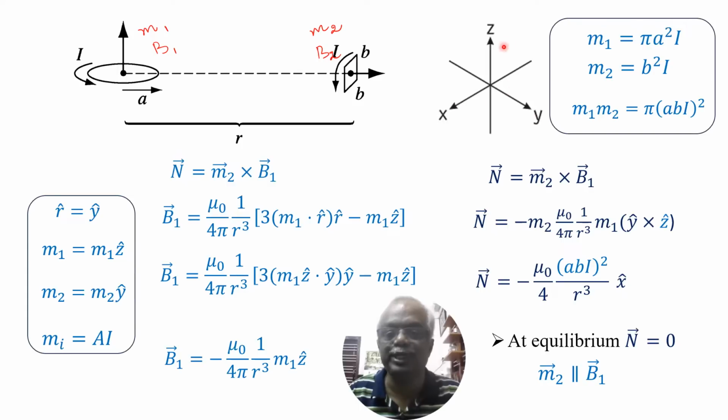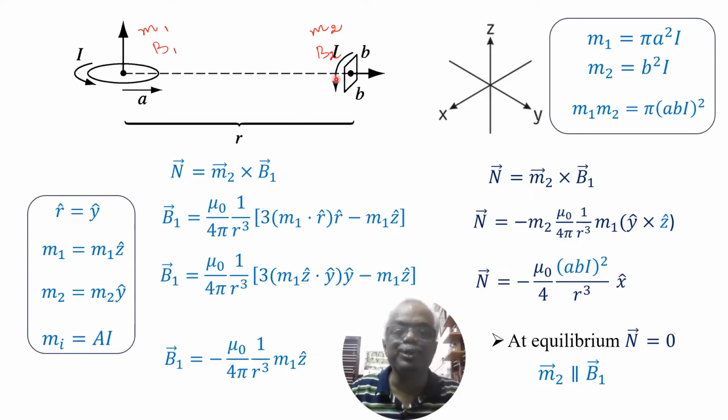So x, y, z. Now here r hat, we are considering along the y direction, is equal to y hat. r is a generalized coordinate. Then m1, what is m1? m1 is along this z direction, so m1 is equal to m1 z hat.